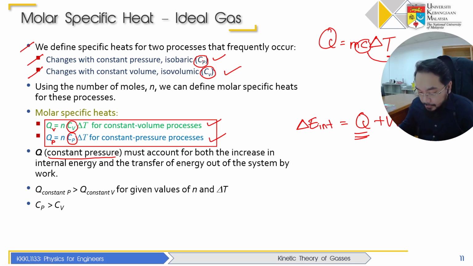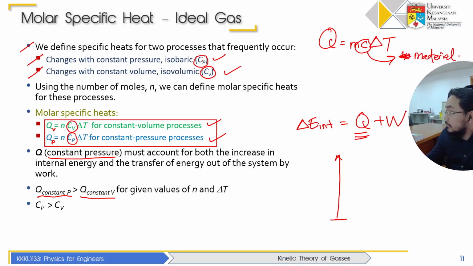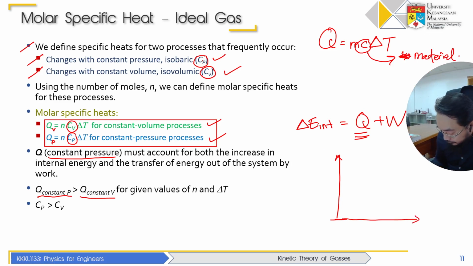We have established through experiment and calculation that the Q for a constant pressure process must always be bigger than the Q for a constant volume process for given values of n and delta T. If we draw back our PV diagram, let's say we have two isotherms, and moving from one to the other it can be like this, or it can be like this.